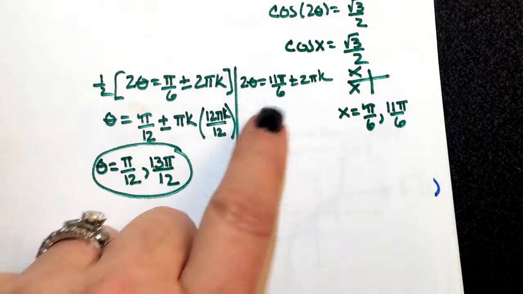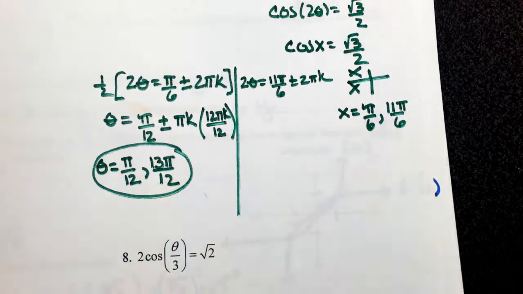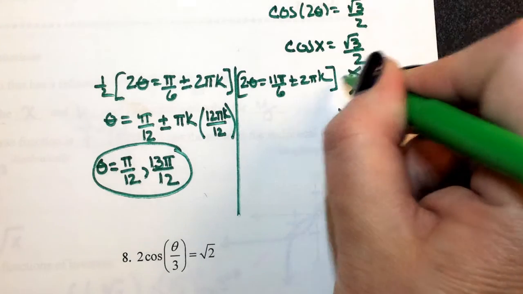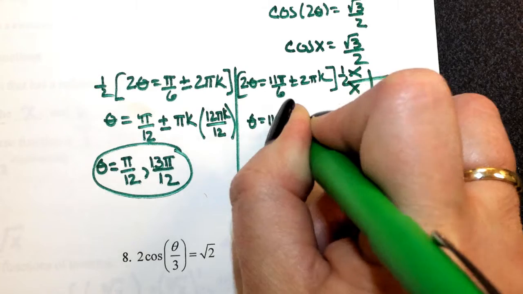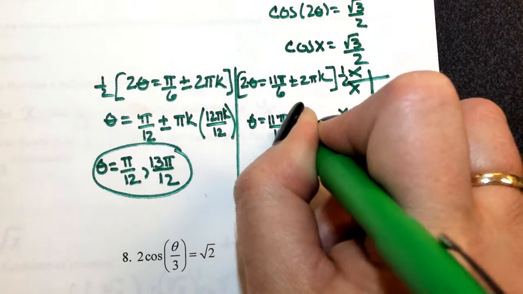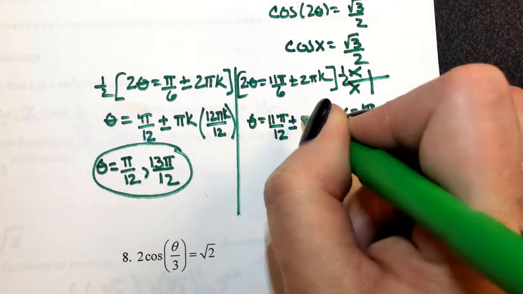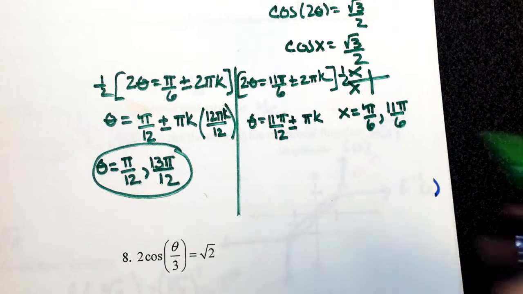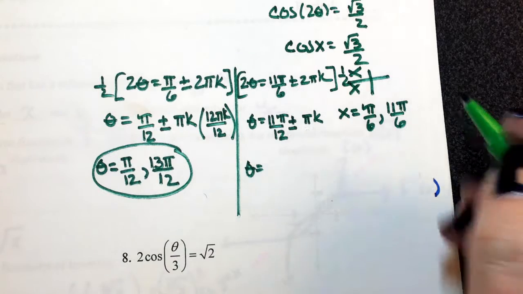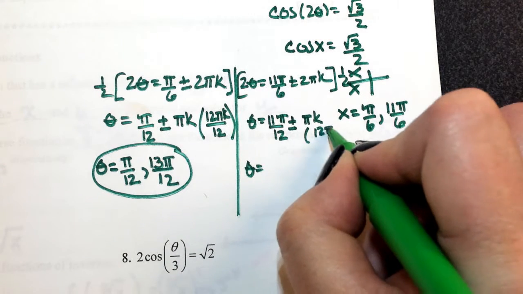So now I have to consider the second angle. So I'm going to multiply everything by a half. So theta is going to be equal to 11 pi over 12 plus or minus, again, 2 pi k times a half is going to give me a pi k. And again, I know that this is 12 pi over 12.